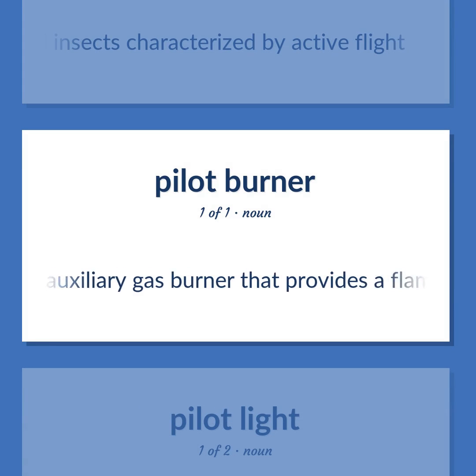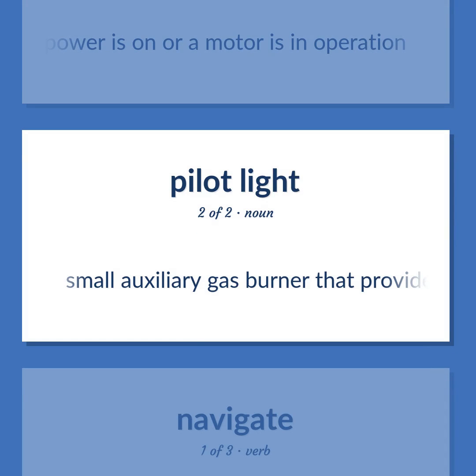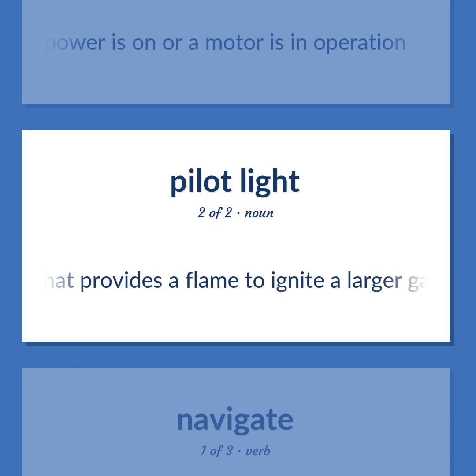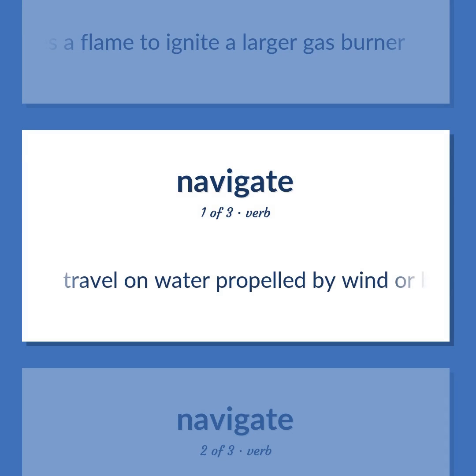Small auxiliary gas burner that provides a flame to ignite a larger gas burner. Indicator consisting of a light to indicate whether power is on or a motor is in operation. Travel on water propelled by wind or by other means.